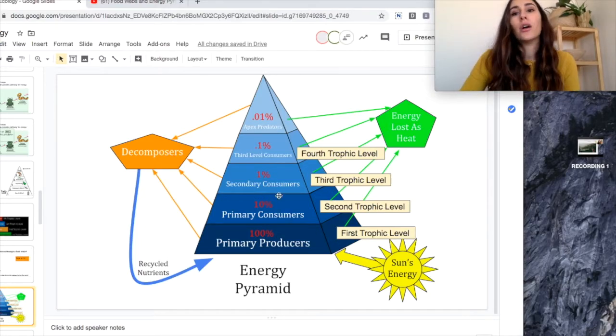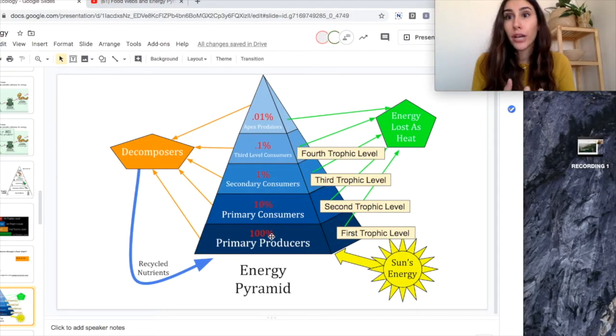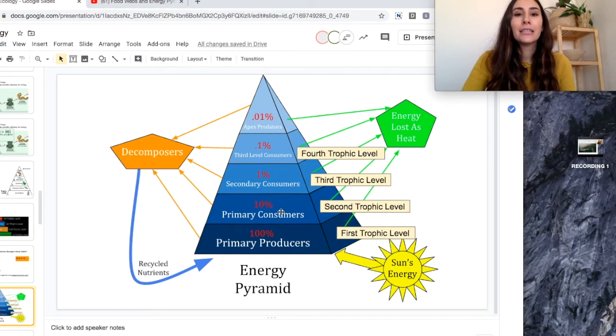All right, so if we take a look here, we will notice that the primary producers have 100% of the energy. Essentially what they did is they took all the energy from the sun and they were able to store it as a glucose molecule. None of the energy was lost. But then when the primary consumer eats or feeds on that producer, they will only get 10% of the energy that was stored.